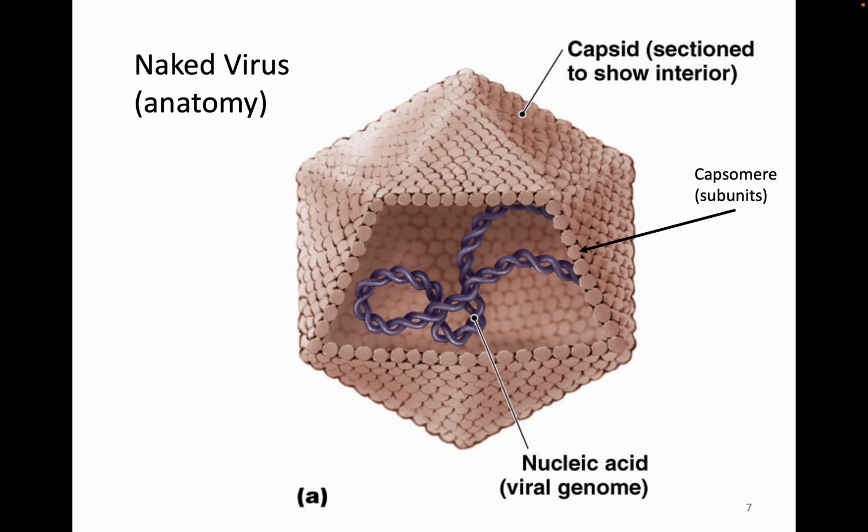So here's a model of a naked virus anatomy. Here's a capsid. It's sectioned so we can see the inside. These little balls are called capsomeres. They're the subunits that make up the capsid. And inside that is the nucleic acid, the viral genome, and it can be either DNA or RNA.